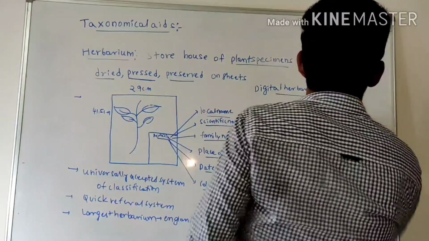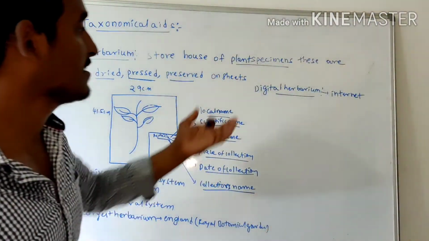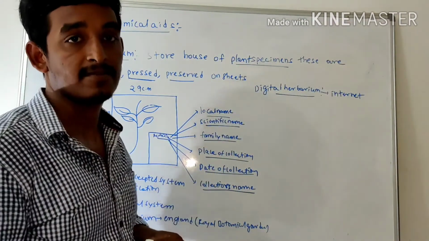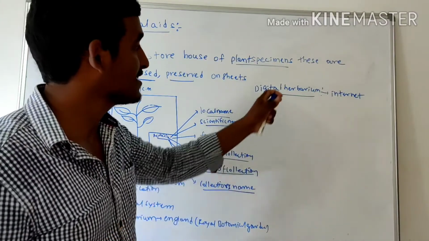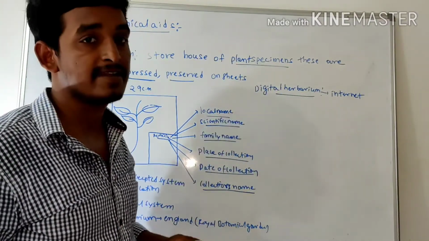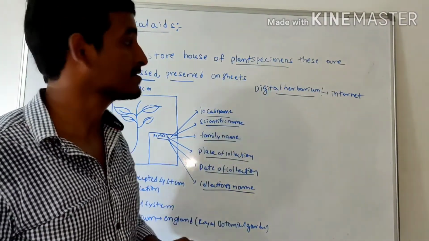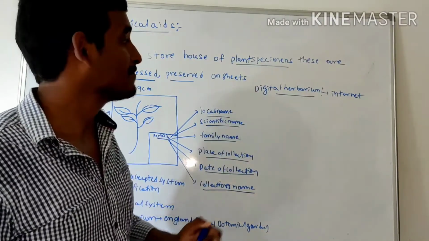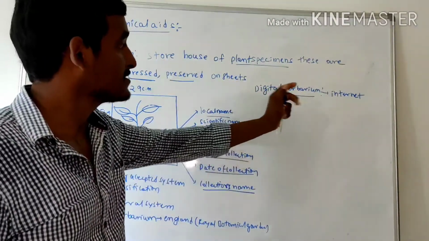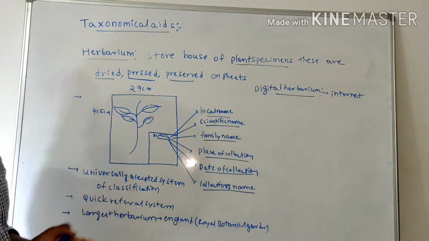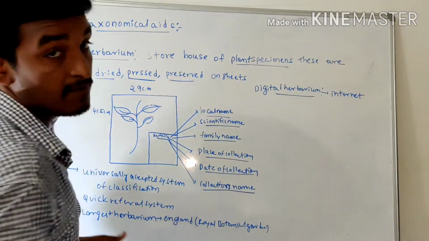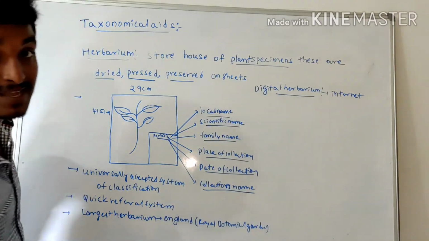So we can easily identify plants on the internet. For example, if you go somewhere and find a new plant, first we should search the internet, and then we can easily identify whether that plant is present or not. Nowadays a majority of people are using this, right? So that is about the herbarium. Later we will discuss botanical gardens.